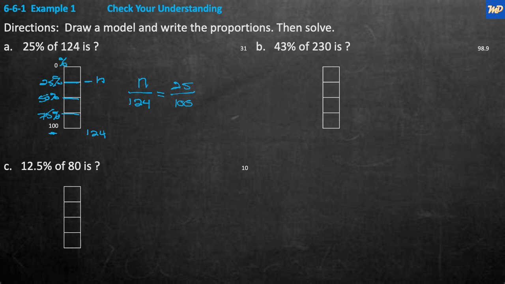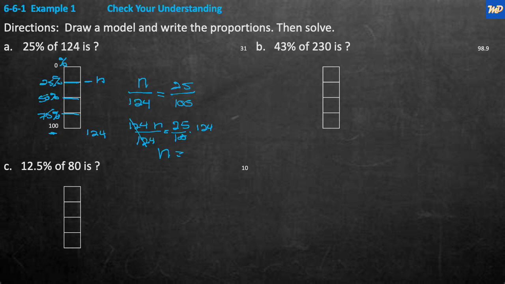So n by itself is going to be 124. n over 124 is equal to 25 over 100 times 124. These two cancel. n ends up being equal to 1/4 of 124.